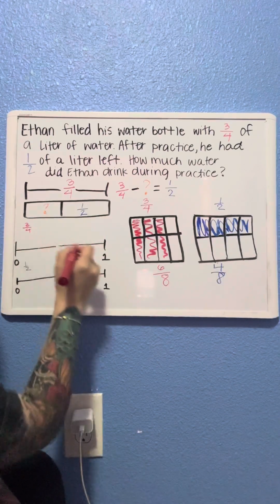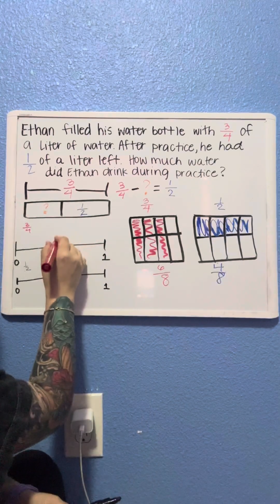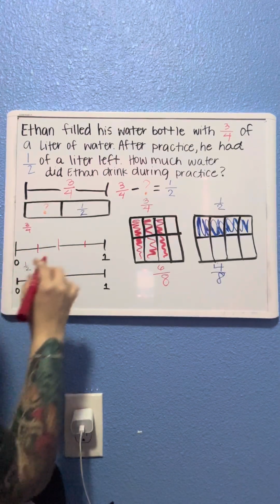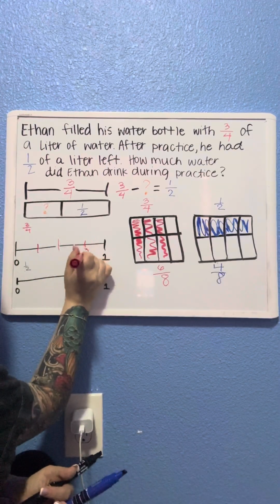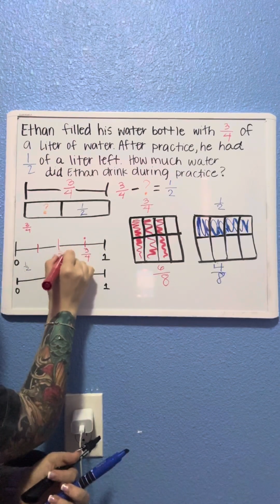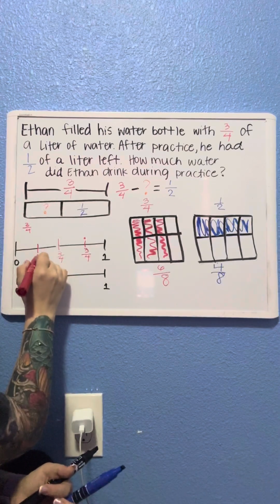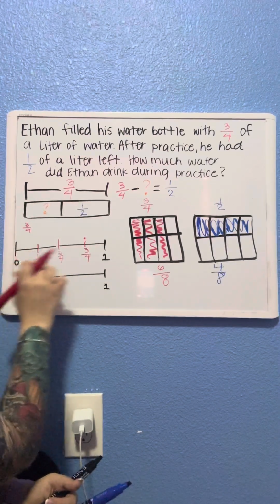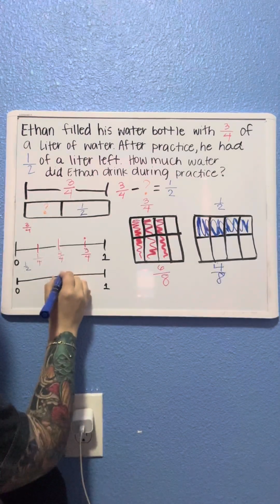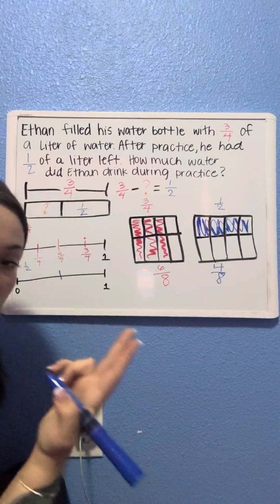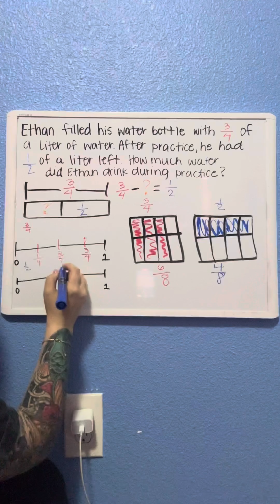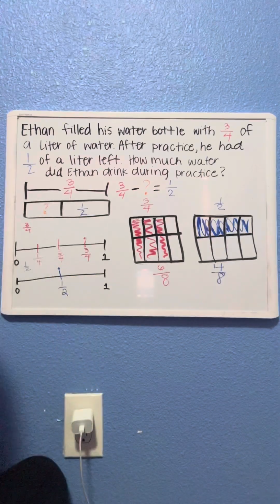So we split it into our 4 parts, and we know this is our 3/4, 2/4, 1/4, 0 and 1. For this number line, we just have halves, which is 2 pieces. We have our half and our number here.